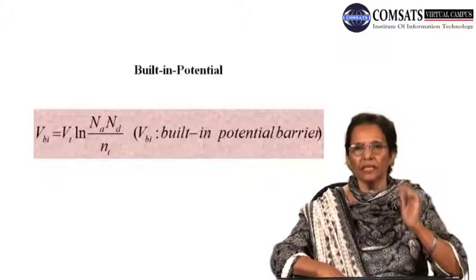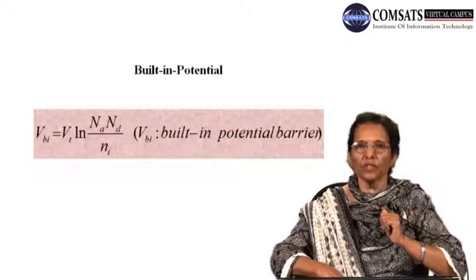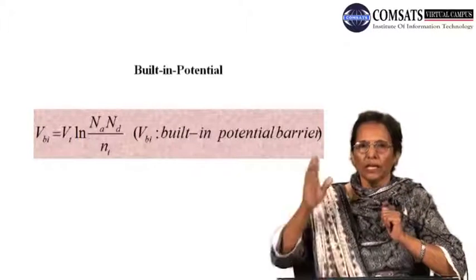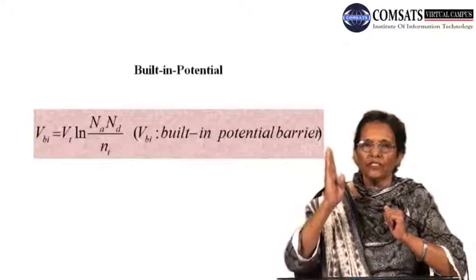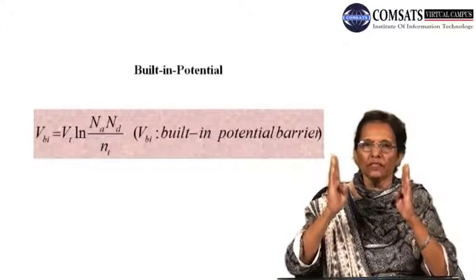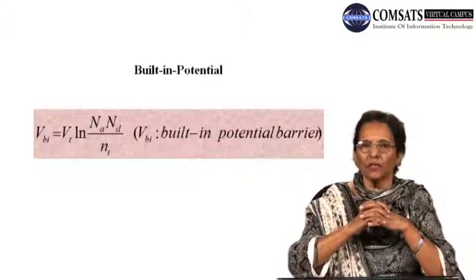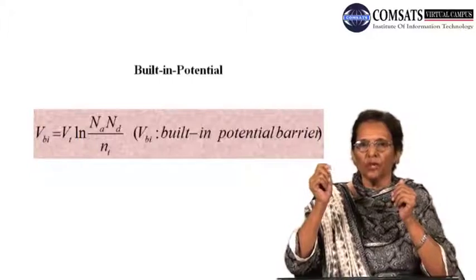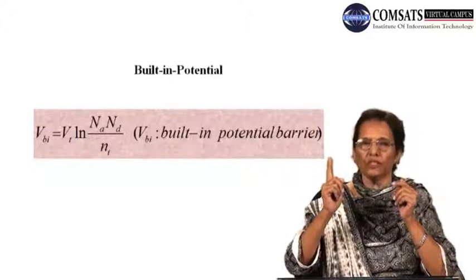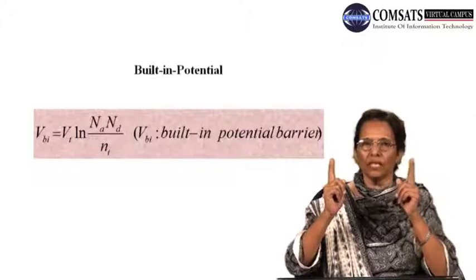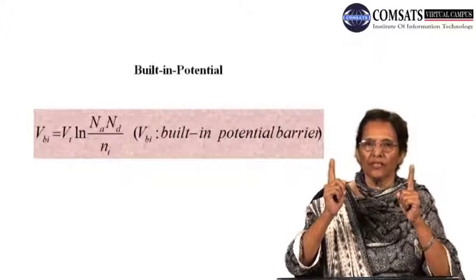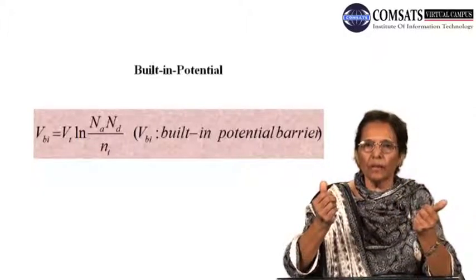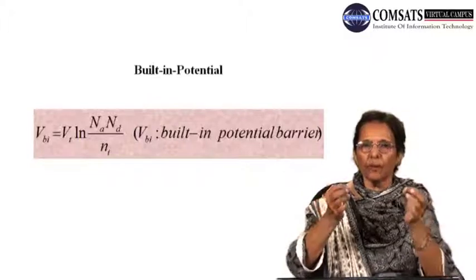On the N side, they leave behind the positively charged donor ions. This layer of acceptor ions and donor ions constitutes a layer of ionized charged atoms, and hence a potential difference is established whose polarity within the depletion region is negative on the P side, positive on the N side. Hence the term built-in potential.